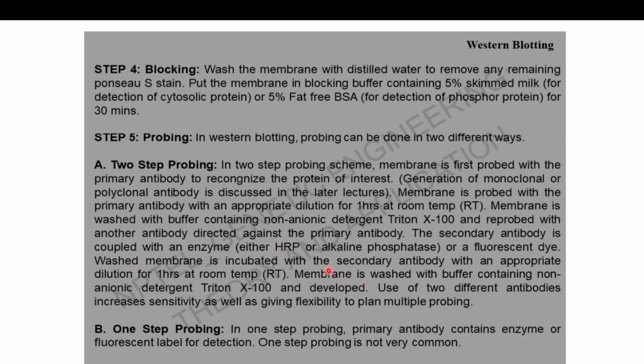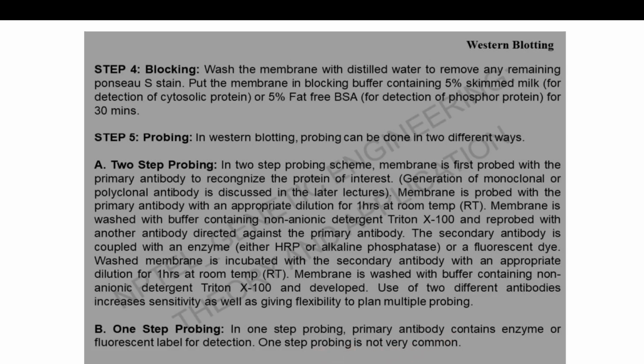Two-step probing uses two different antibodies, which increases the sensitivity and gives flexibility to plan multiple probing. One-step probing is just adding a primary antibody that identifies only the protein of interest, and the primary antibody is tagged with a fluorophore or an enzyme.